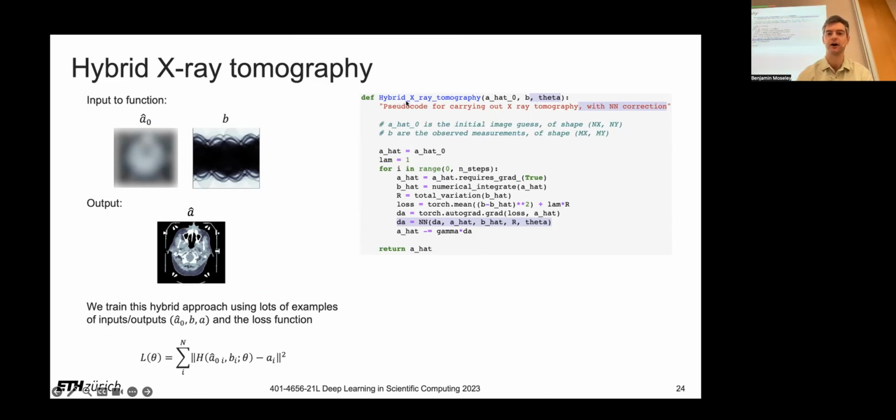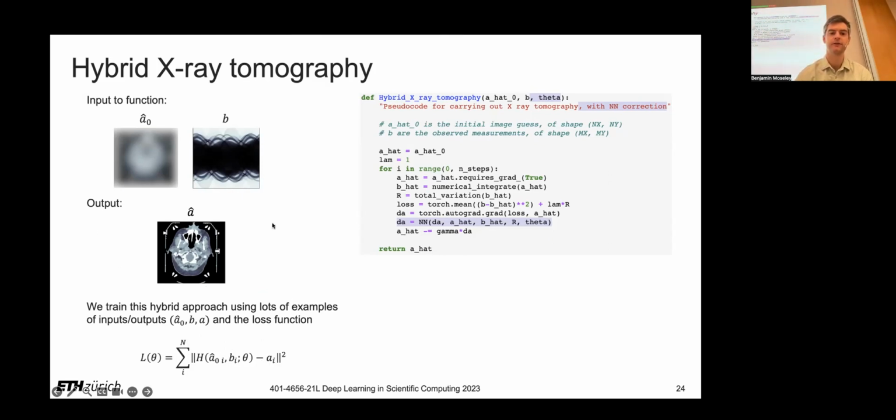So h is hybrid X-ray tomography. It takes in my starting guess, a hat here, my observed data, and the parameters of the neural network. And then I'm just going to try and match that to what I know is the true solution. And I train this loss function with many examples of different solutions. So I'm going to give it lots of examples of different heads, for example.